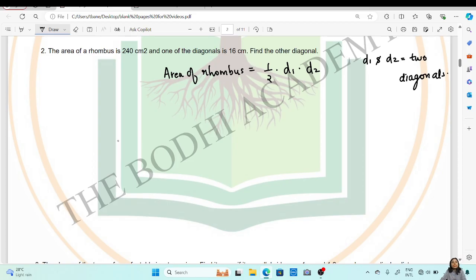Okay. So again here what they have told us is area of the rhombus is 240 centimeter square, right? So we already know area is 240 centimeter square. The diagonal D1 is 16 centimeter and we have to find D2. So now let's try and substitute. So area is 240, half into D1 which is 16 into D2.